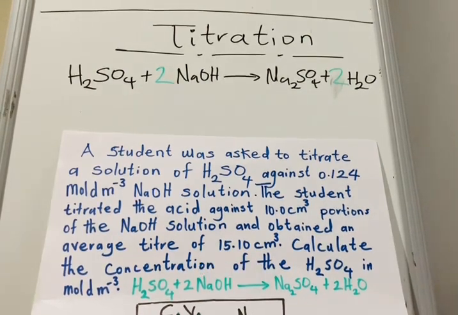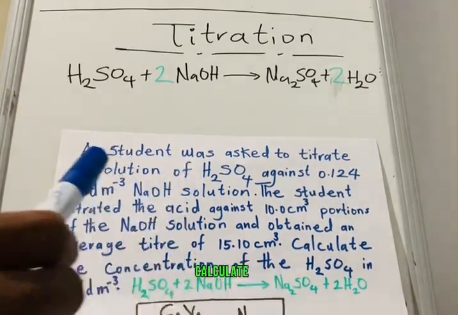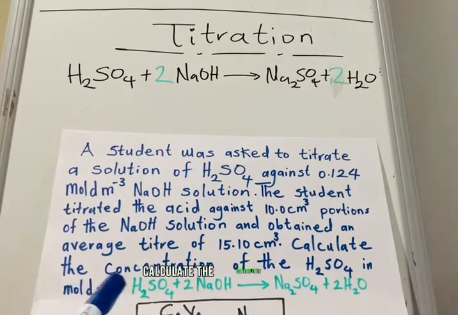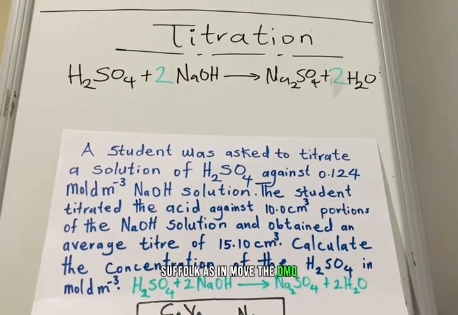The student titrated the acid against 10.0 cm³ portions of the NaOH solution and obtained an average titre of 15.10 cm³. And so the question is saying calculate the concentration of the sulfuric acid in mole per dm³.